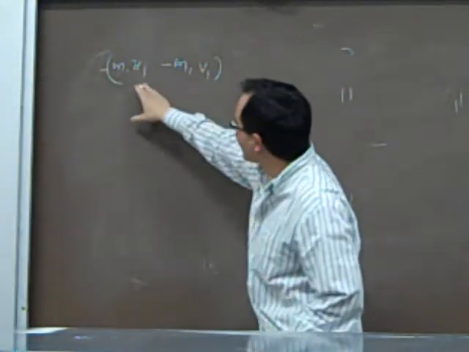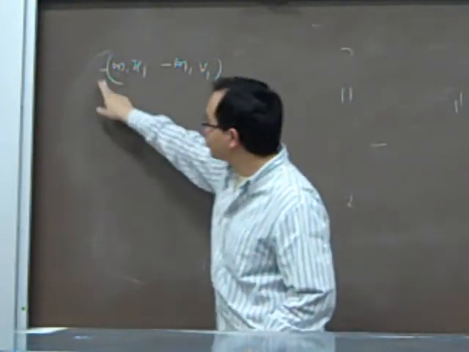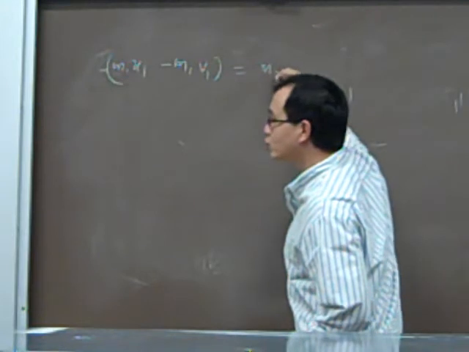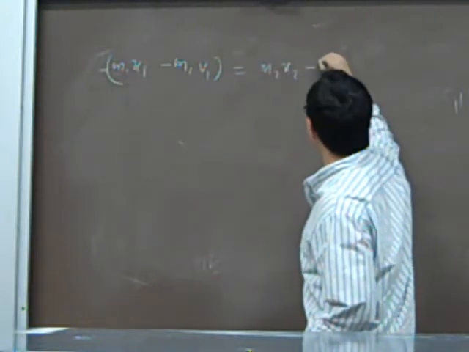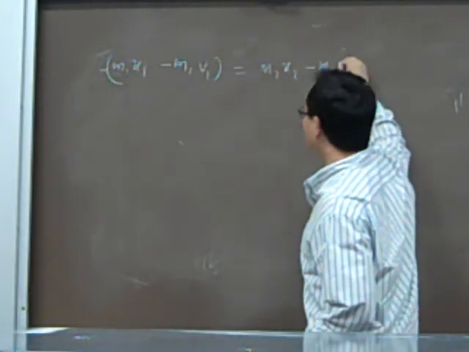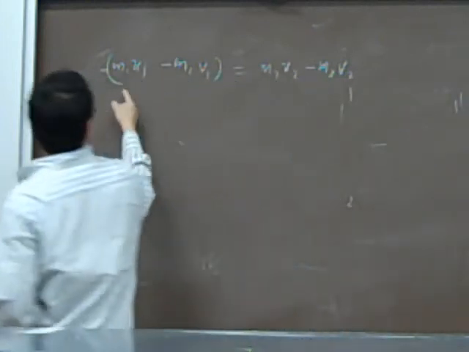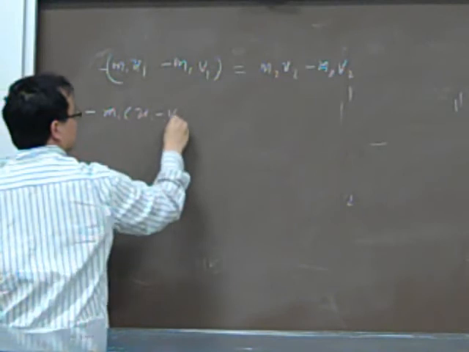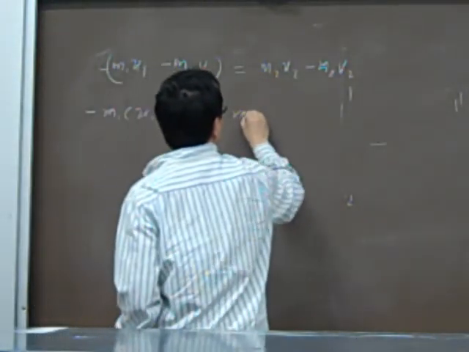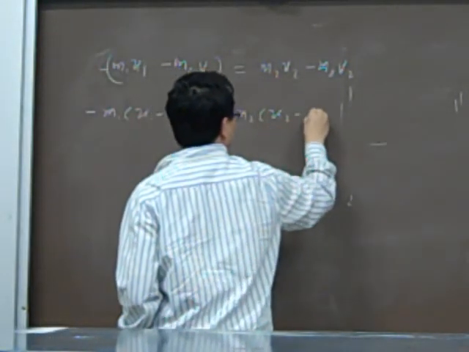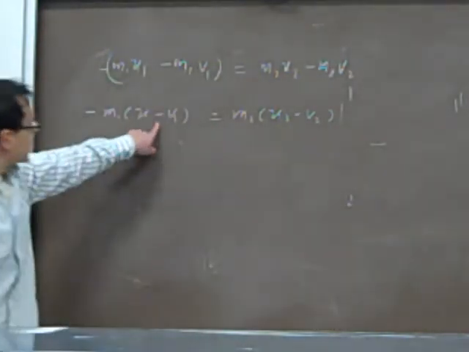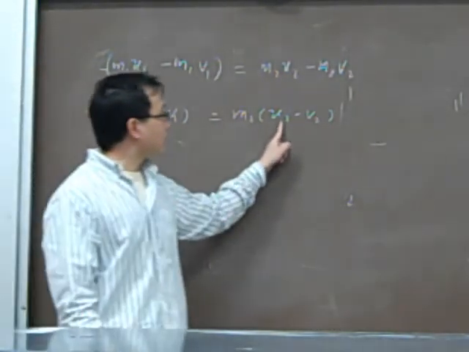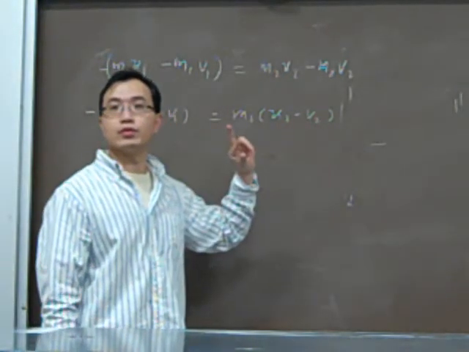Okay, I want to use final subtract the initial, so I put a negative sign in front of it. This side you get m2 u2 minus m2 v2, which is already final subtract the initial. So this is negative m1 (u1 minus v1), and this is m2 (u2 minus v2). Okay, this is final velocity subtract the initial velocity, for the two different objects.